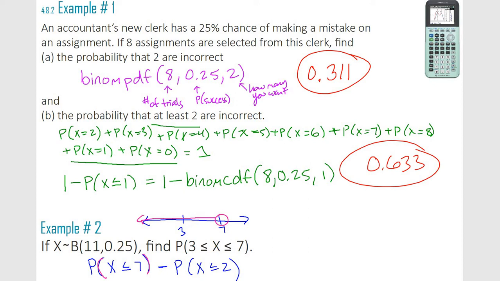So I need to get rid of this. So I need to subtract this amount. That way it's going to equal this amount. Okay?